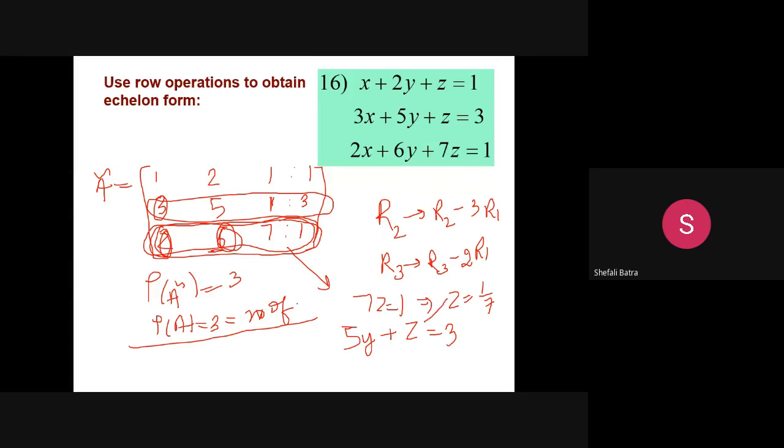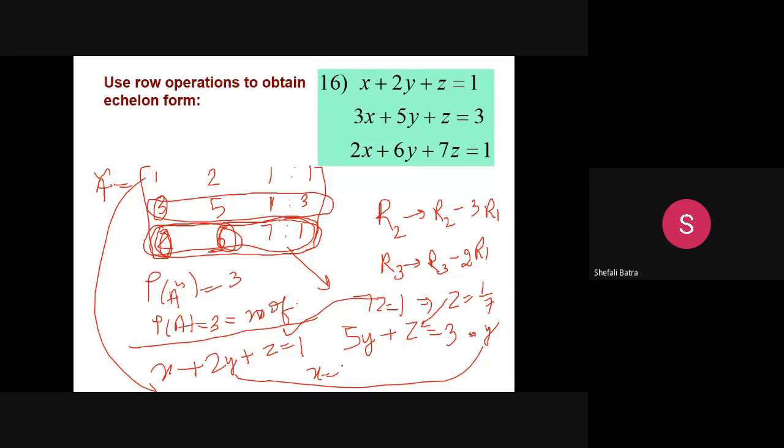Now you will put z over here and you will get the value of y. And then for the first row, you will write x plus 2y plus z is equal to 1. Now you have value of y as well as z. You will put y and z over here, and you will get the value of x.